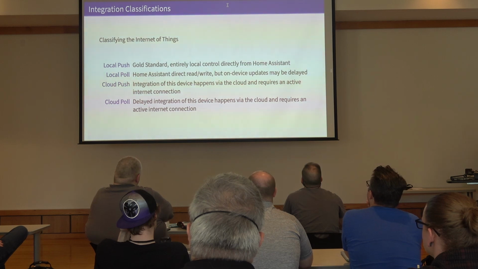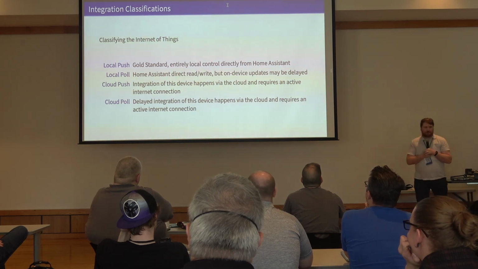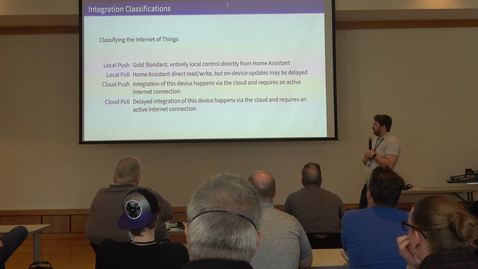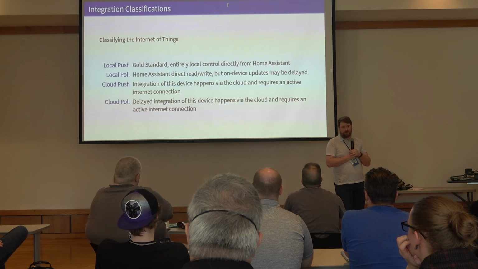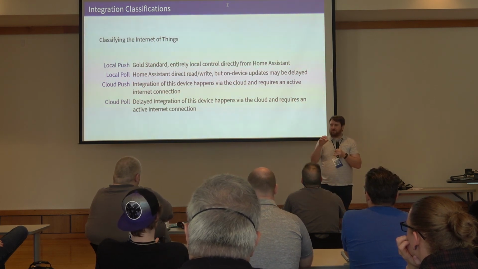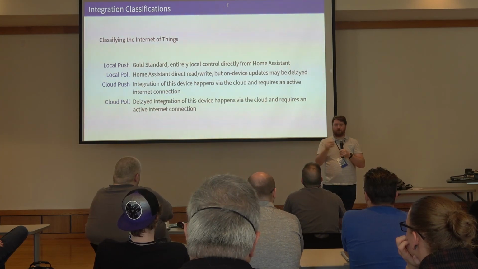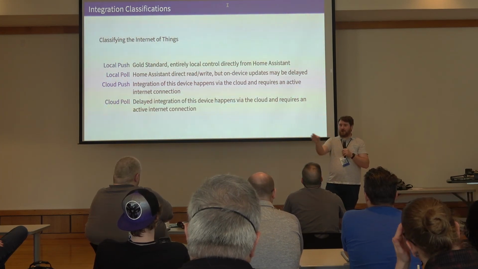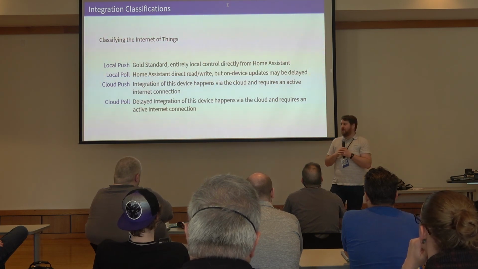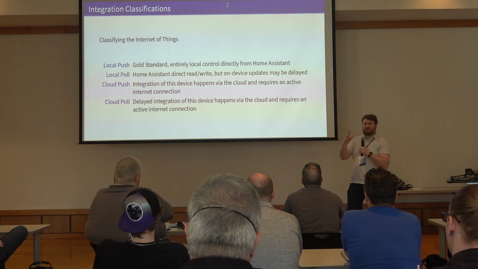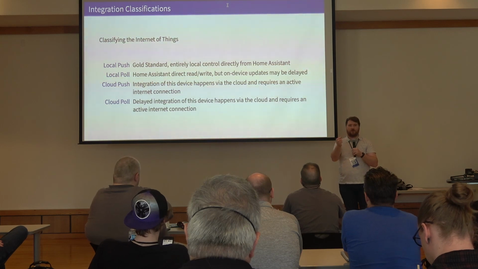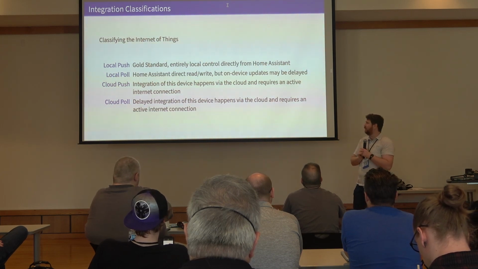So how does Home Assistant classify their things? They classify their integrations into 4 different categories. There's local push and pull. Local push is the gold standard. Philips Hue is a good example of this, where if you have your radio built in, Zigbee or Z-Wave, it will communicate directly with the light bulb and turn it on. It's not dependent on any of these services. Local pull is similar, but Home Assistant will have to ask the device for its status rather than communicating with it directly.